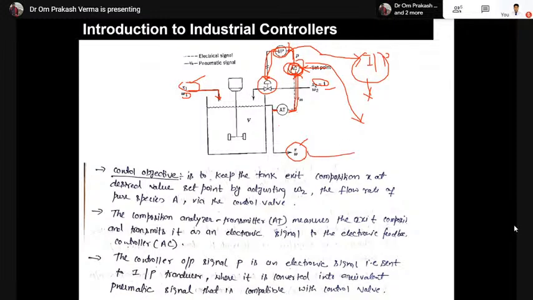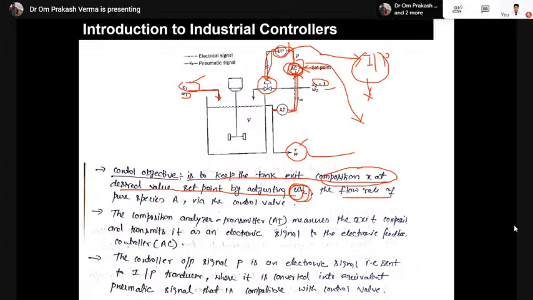So what is the objective? The objective is to keep the tank exit composition x at the desired set point by adjusting w2. So we adjust the feed flow rate w2 and keep the concentration at x.